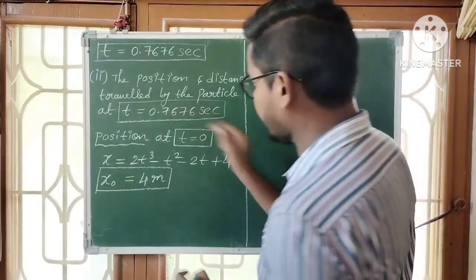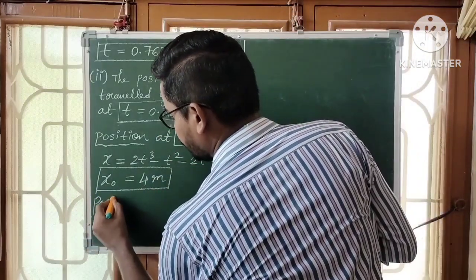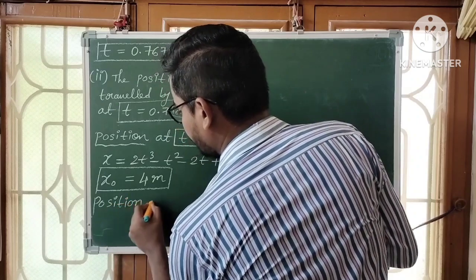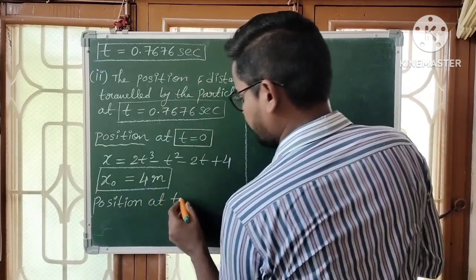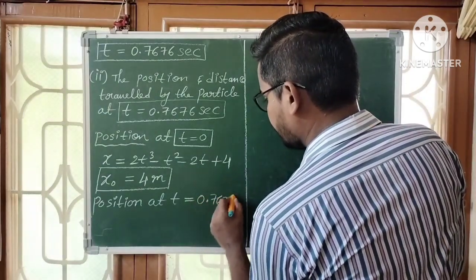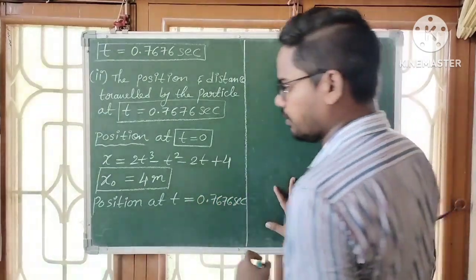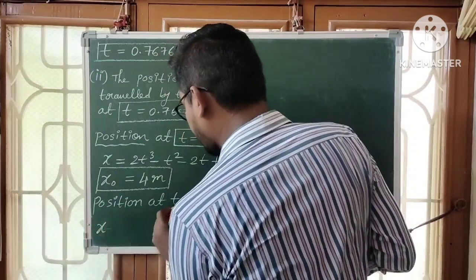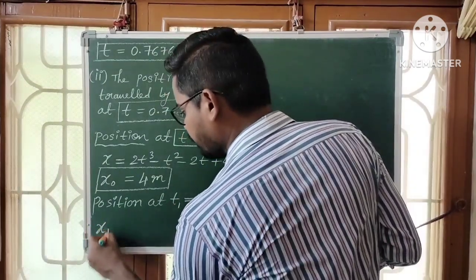Now we need the position at t is equal to 0.7676 seconds. Let it be t1. This will be x1.